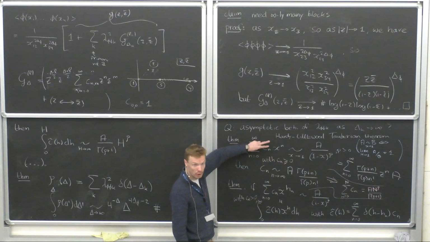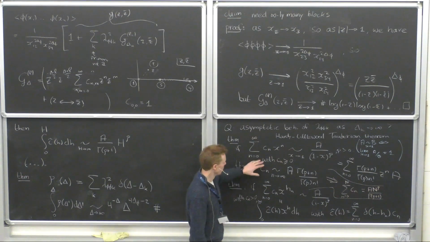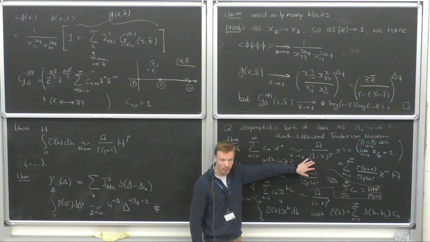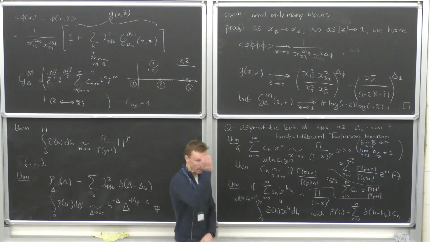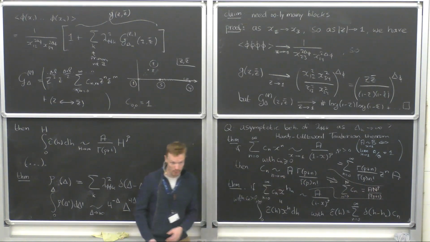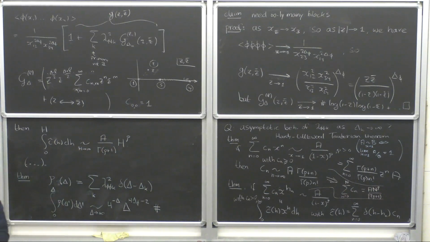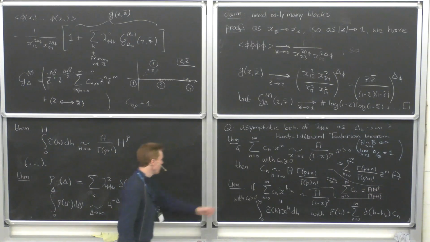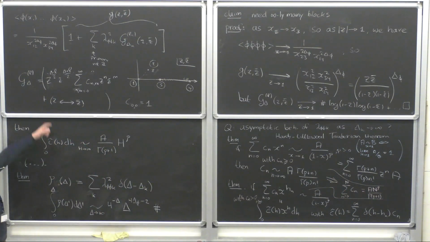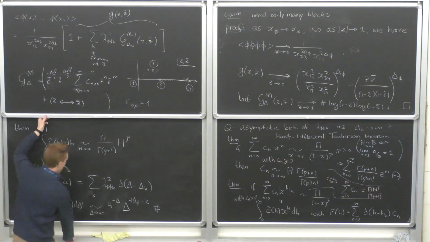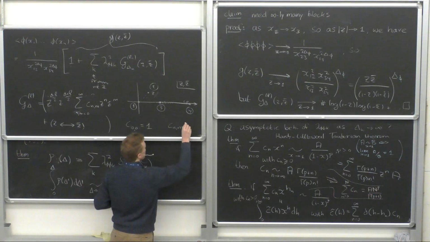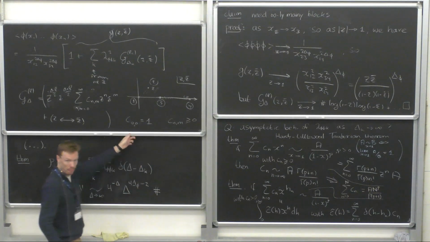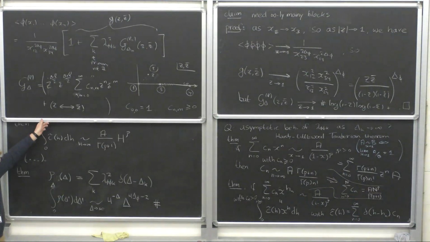These things can be huge and cancel each other so that you don't get anything in the x to 1 limit. This result would no longer hold, because if these C_n vary wildly, there's no need for them to have a limit. But the positivity of these coefficients guarantees that this is a theorem. And the same is true here. And of course, for conformal field theory, we have positivity. We have it definitely for the conformal blocks, and it turns out that these C_nm are also non-negative. So it is nice. We're in good shape.